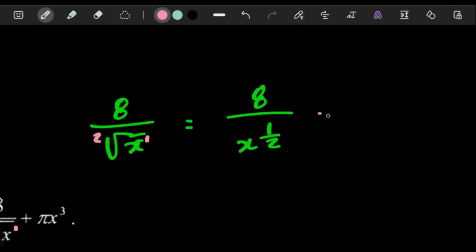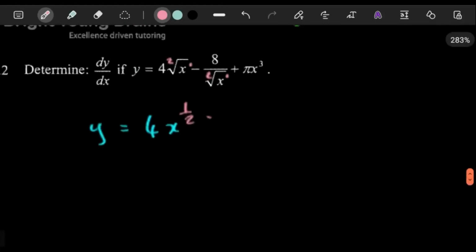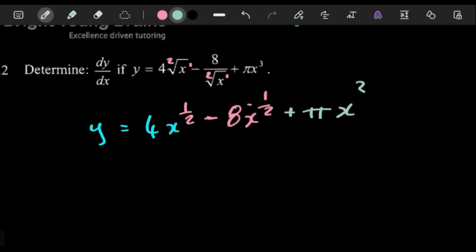So x to the power of a half goes upwards where 8 is. But then when you do that, the exponent has to change to a minus. So this is what you have: 8x to the power of negative a half. This is already fine the way it is. It already has a coefficient, which is pi, a base, and an exponent.